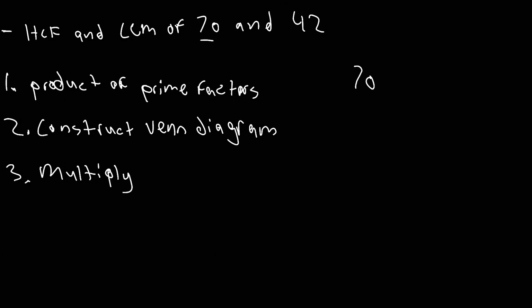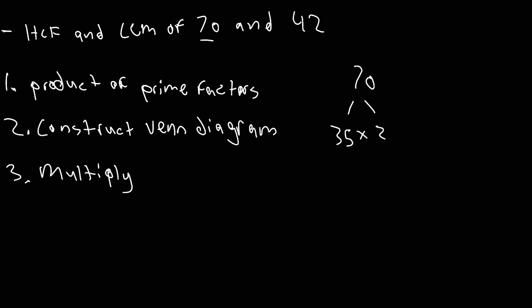So for example, I can have 7, I can have 2, etc. So numbers with basically only 2 factors, the number itself and 1. So how can I make the 70 over here as a product of its prime factors? First I can split up the 70 into 2 numbers, let's say 35 and 2.